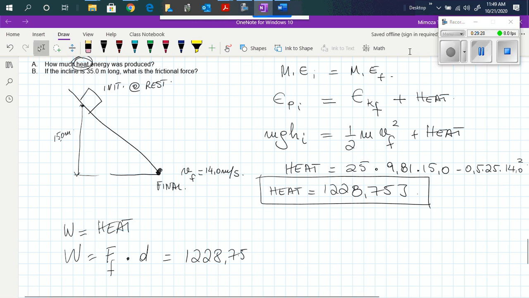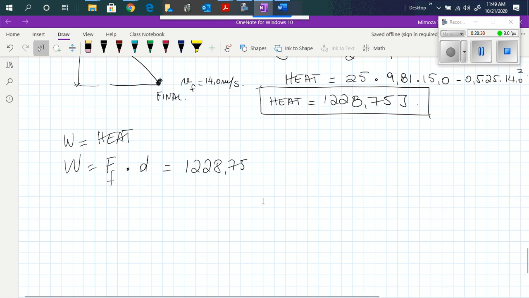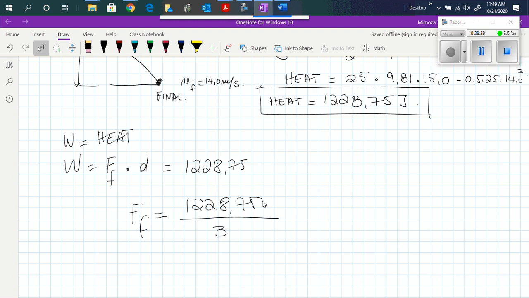Since the incline is 35 meters long, the force of friction is 1228.75 divided by 35, which equals 35.1 newtons, not meters, newtons. And this will be the force of friction.